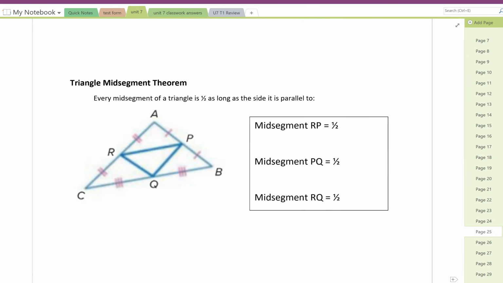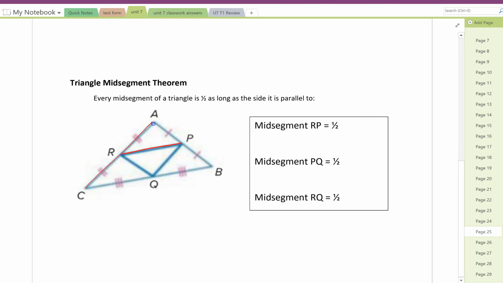Okay, next theorem here. This isn't a problem, this is just introducing new information. It says that every mid-segment of a triangle is half as long as the side it's parallel to. I sort of already reviewed that with you at the beginning, but basically if I look at RP here, RP is going to be half as long as the side of the big original triangle that it's parallel to.